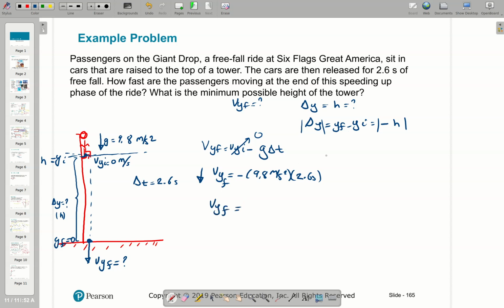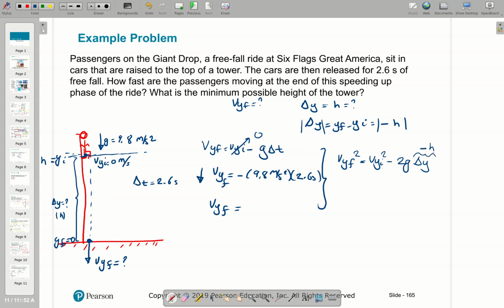And then I can go either this way. Vy final squared is equal to Vy initial squared minus 2g delta y. And we decided that this is minus h.